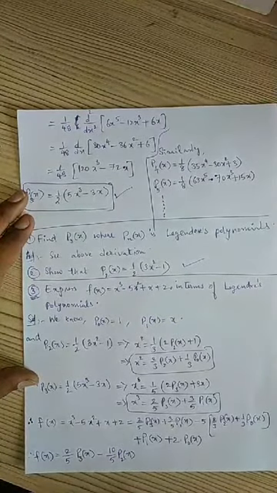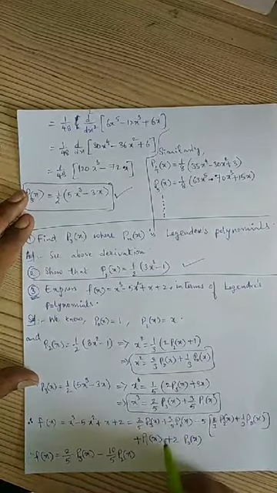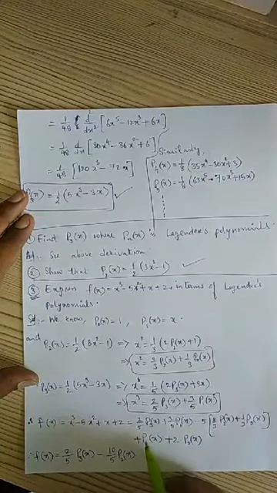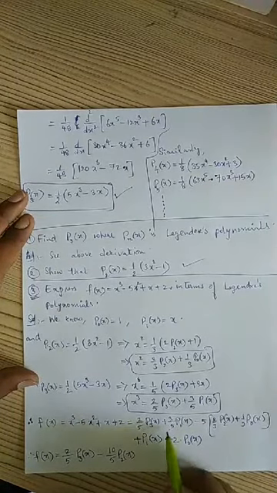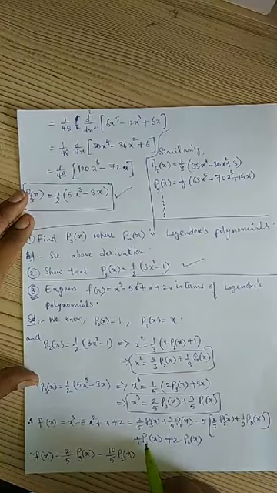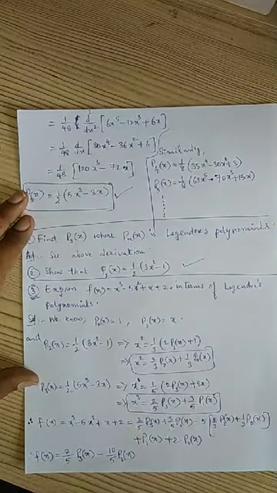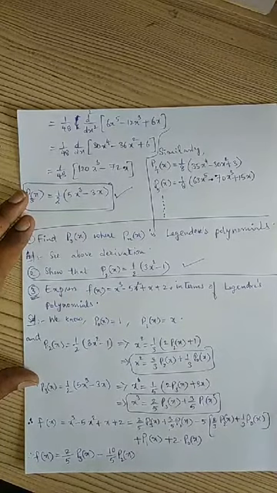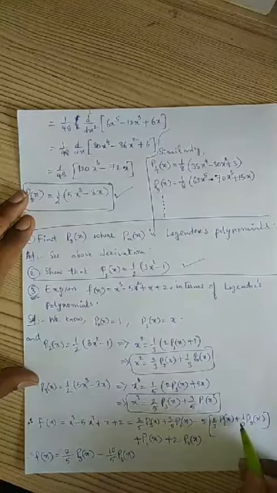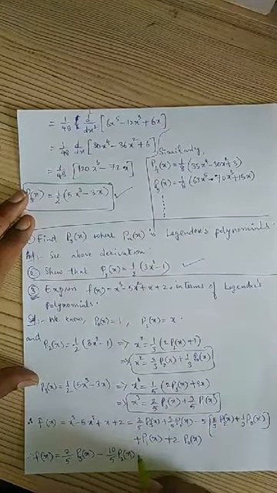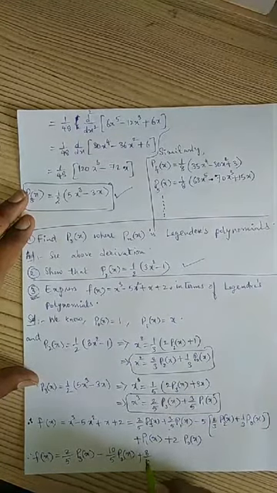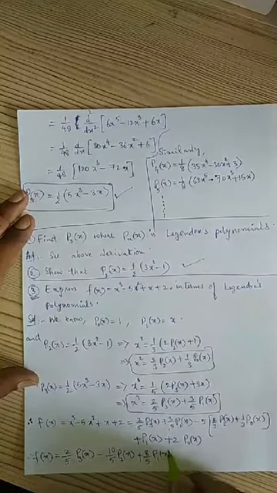Then p1 is here and here, 3 by 5 plus 1, which is 8 by 5 p1 of x.